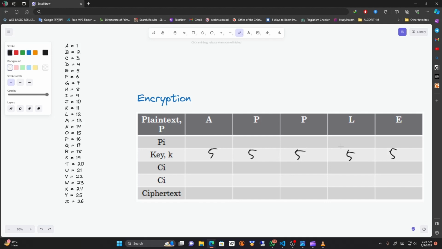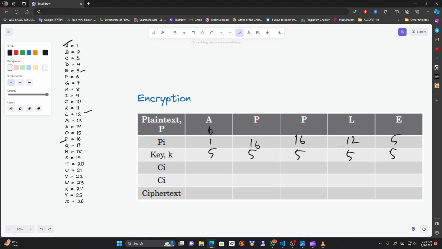Here A equals 1, B equals 2, and so on. According to this index value, A's index value will be 1. For P we will get index value 16 for plain text, and this P is also 16, and for L we will get 12, and for E we will get 5.